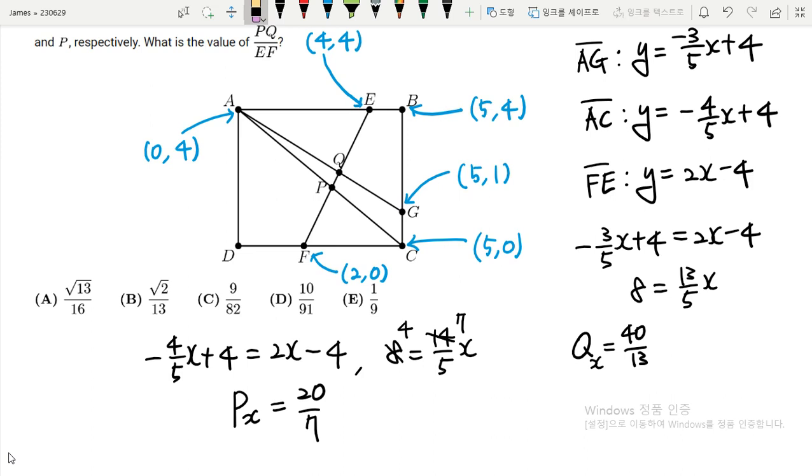So that means for the length of PQ, I'm going to just compare the x coordinates. The horizontal distance between P and Q is found if we subtract these x coordinates.